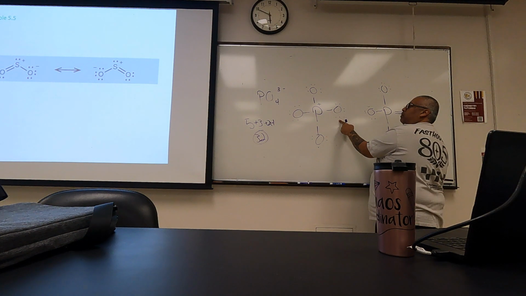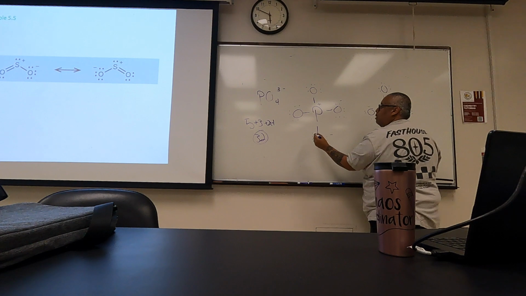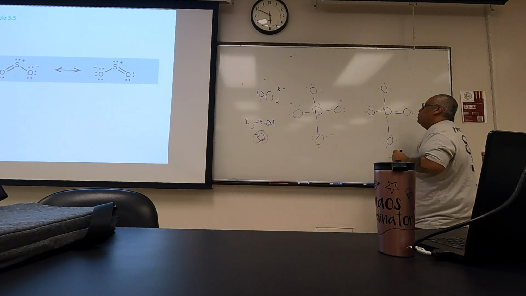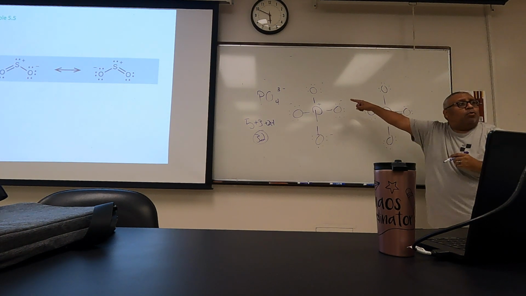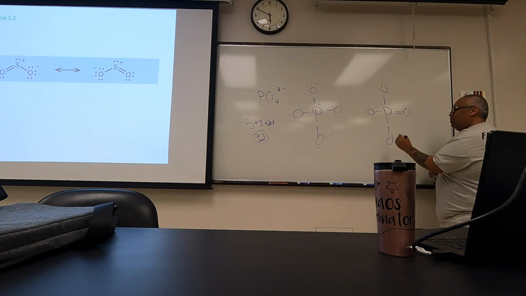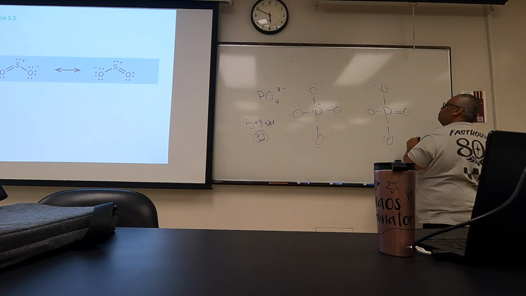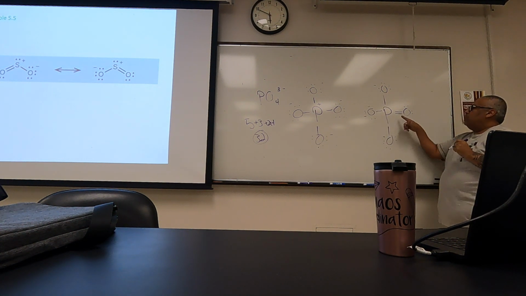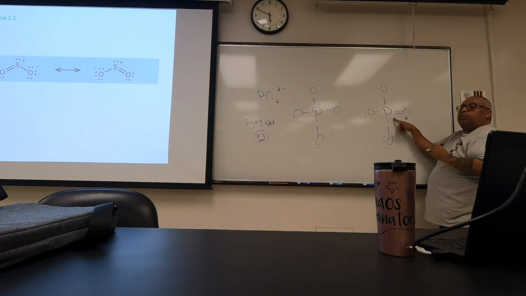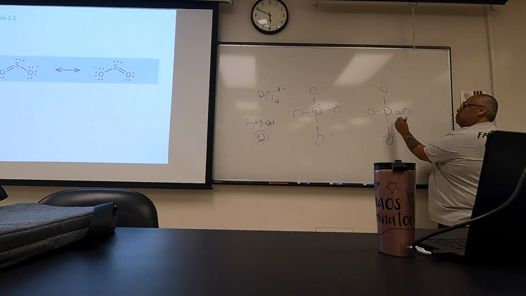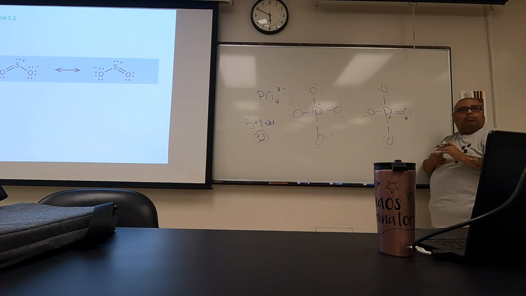Oxygen's group 6. -1. So this will be minus, this will be minus, this will be minus. Because I already know what those look like, I don't have to determine what these are. But now I have to adjust these. So now what is the formal charge on oxygen? 0. What's the formal charge on phosphorus? 0.